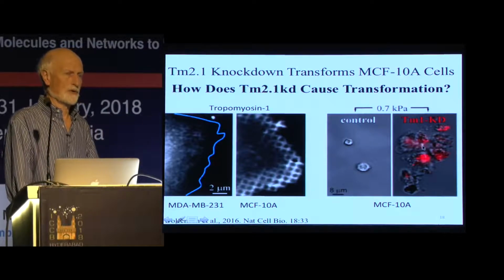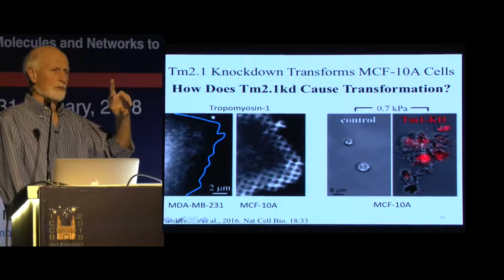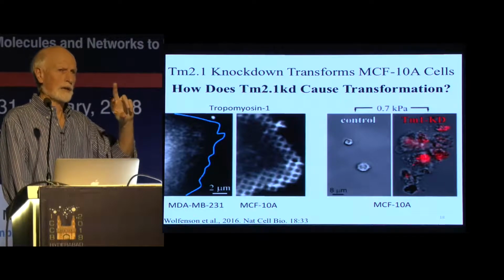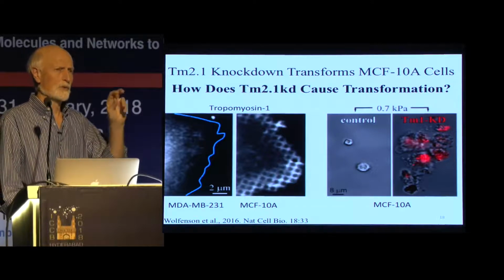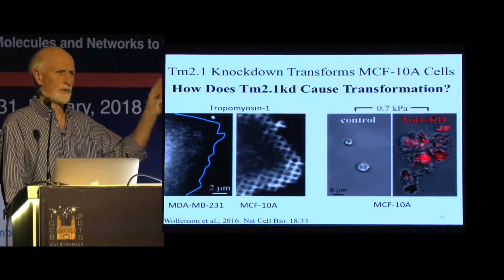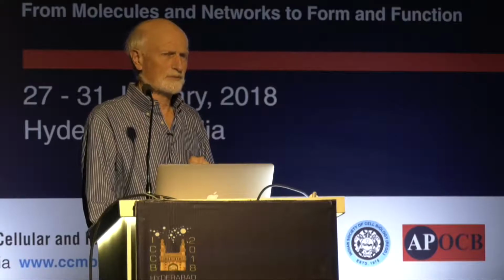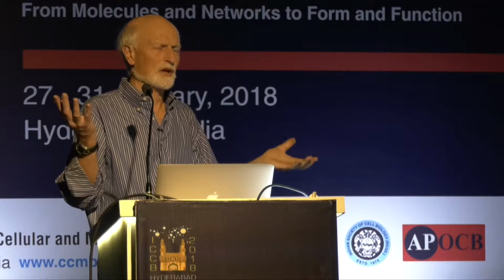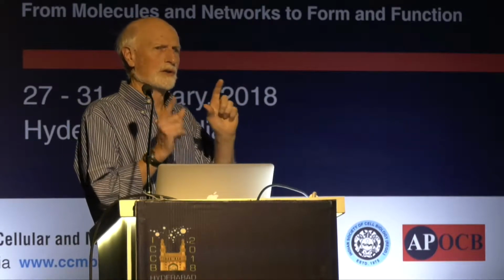They now grew on soft surfaces, indicating that it was sufficient to remove or add this single cytoskeletal protein to drive a cell from a transformed to a non-transformed state.